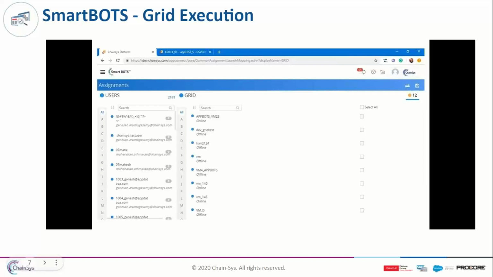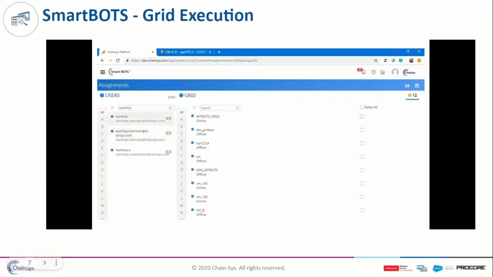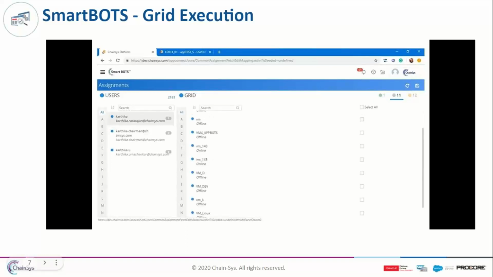So here we are searching for the user, and we are going to search the VMs from the grid now. So it's searching the grid.